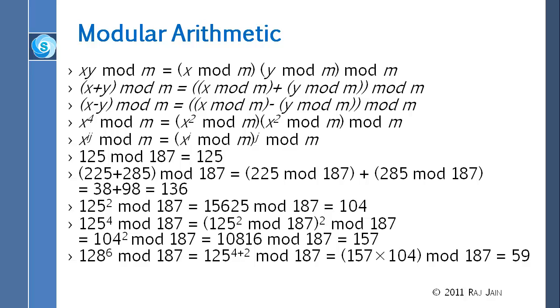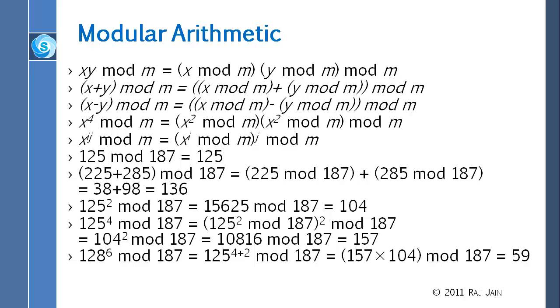28, 35. After that we have 42, we get a 2, plus 7, 49, we get a 1. 7 times 7 is 49, which mod 8 is 1. So what is the inverse of 7? 7 itself.